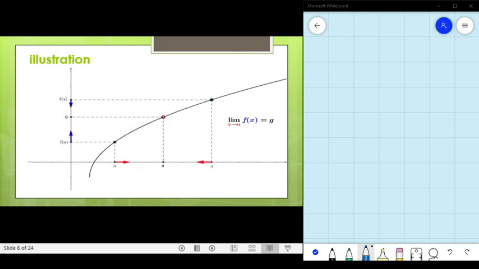Notice that when x is approaching the point a, f of x is also approaching G. That means we consider values from left to right of a, and values above and below G. So the limit of f of x as x approaches a is equal to G.